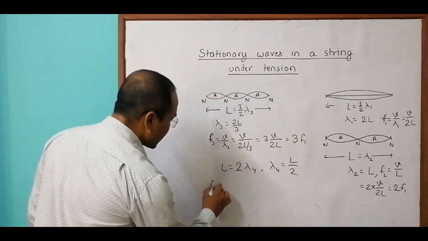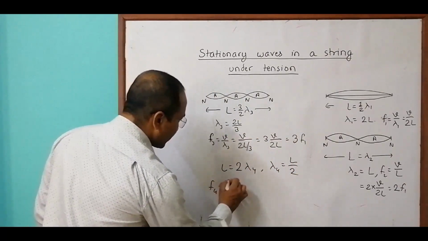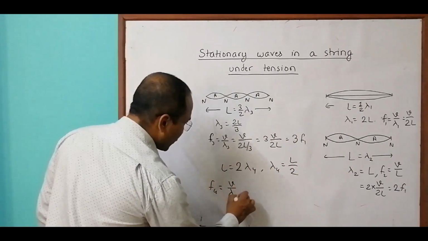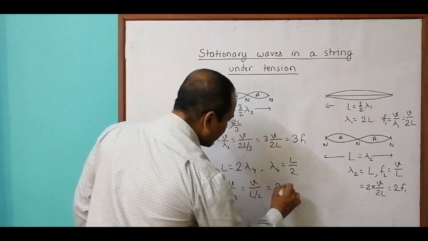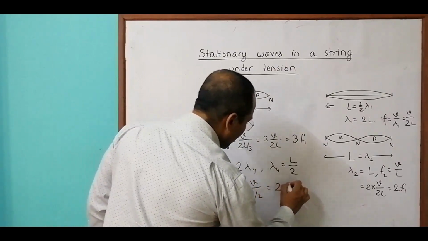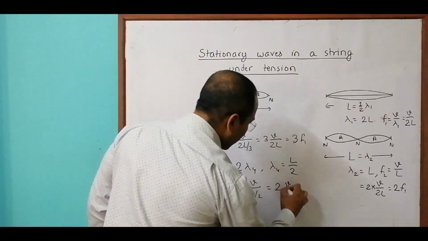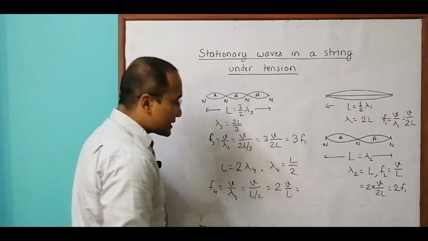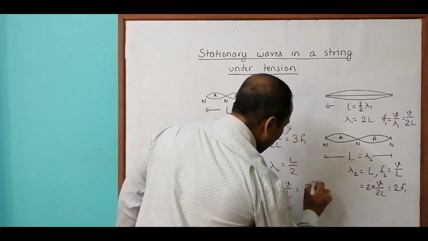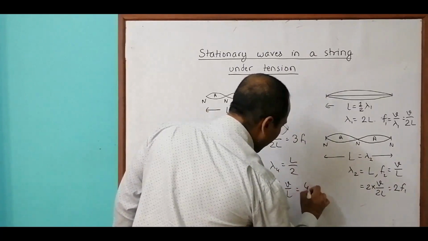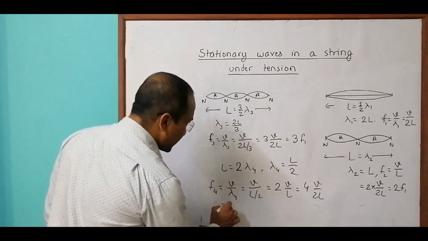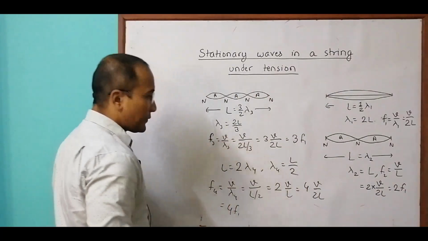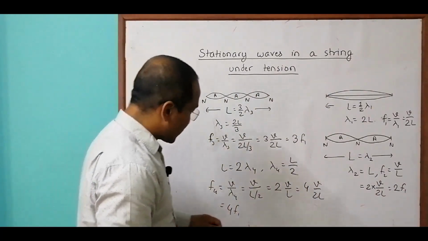Now frequency 4 will be equal to velocity by lambda 4, equal to velocity by L by 2, equal to 2V by L. It can be written as 4V by twice L. So this will give us 4 into F1, where V by twice L is equal to F1. So that's why we have this.